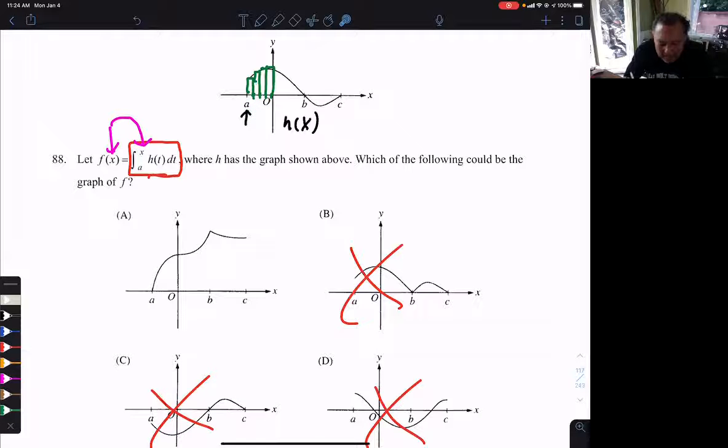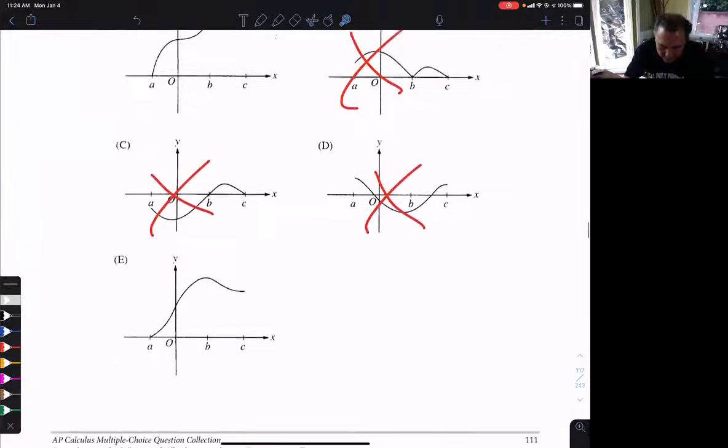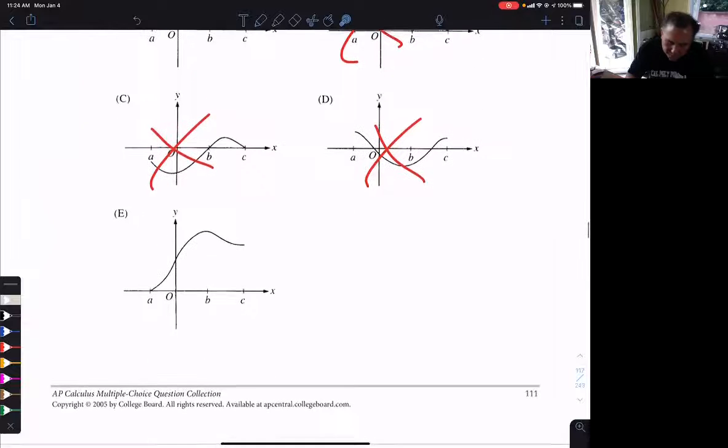If I add bigger and bigger chunks, the function should increase faster and faster. Okay, now look. Here, it increased a little bit, then more, then more. Do you see on each little interval?